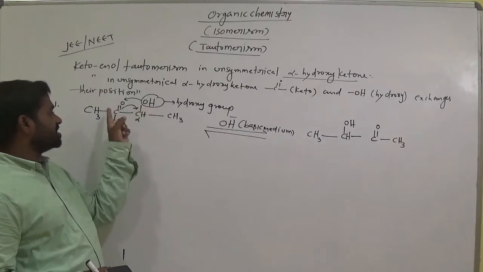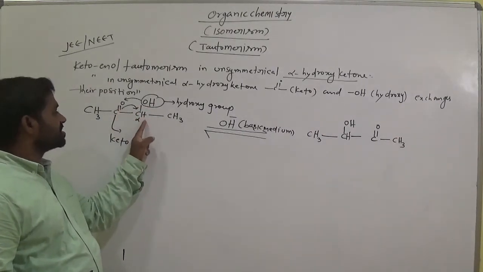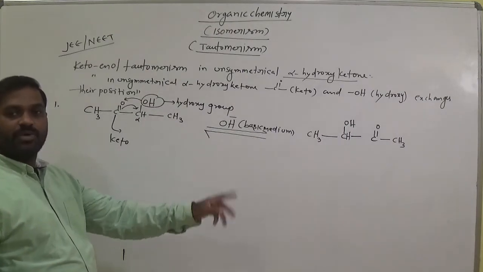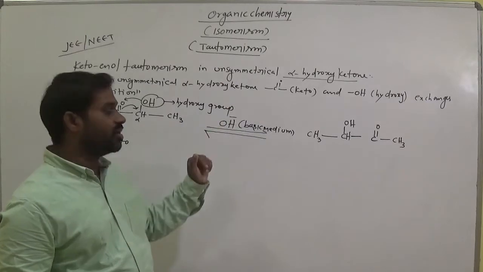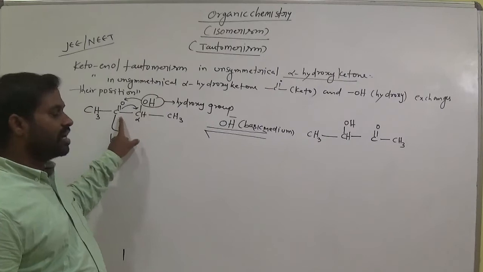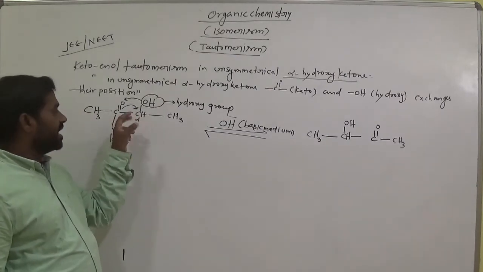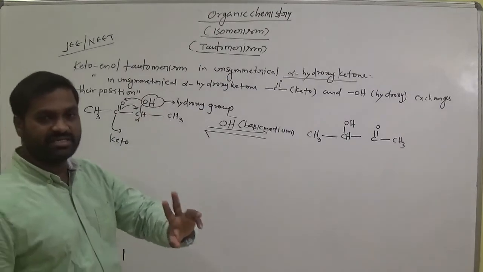This OH on this carbon and C double bond O on this carbon exchange their position. That is the definition here. In unsymmetrical alpha hydroxy ketone, this is alpha which consists of the hydroxy group, and this is keto. Alpha hydroxy ketone exchange their position: OH here, C double bond O here. Is it clear? Direct answer.